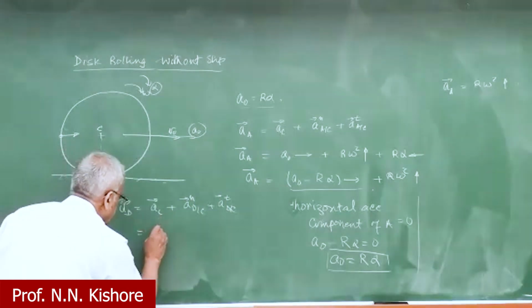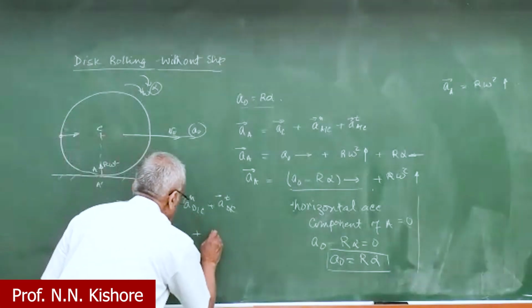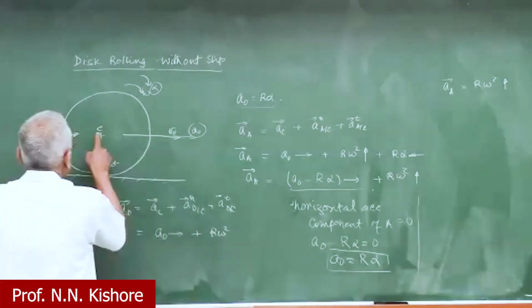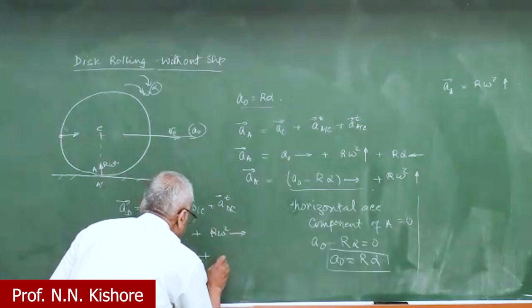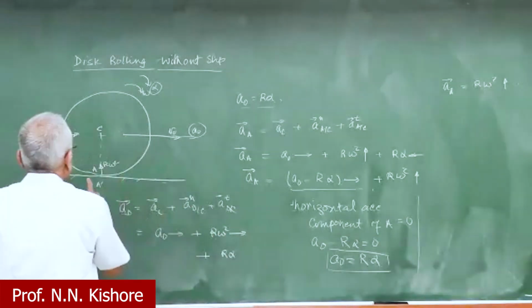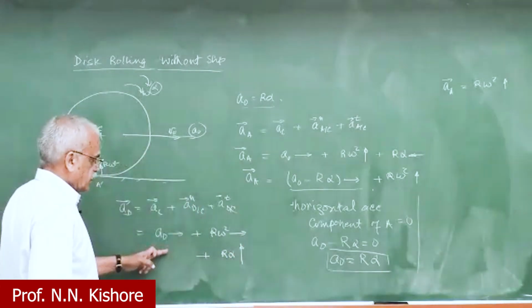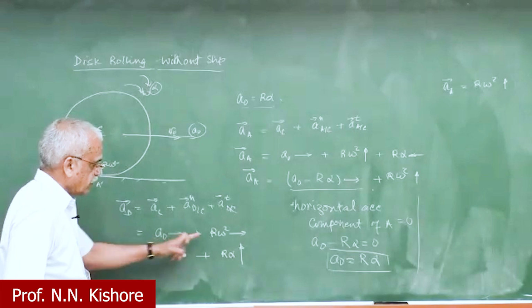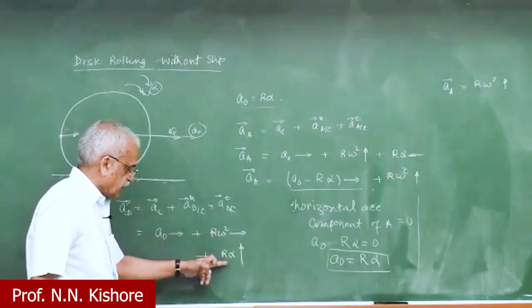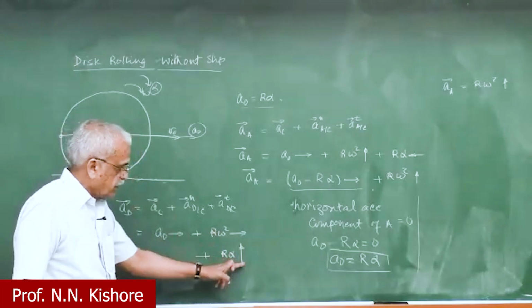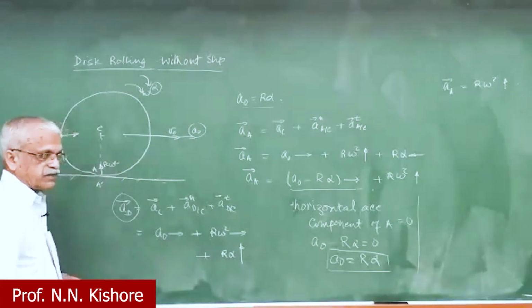We can definitely see that it's a horizontal component like this one. So this is R omega square, and this is directed like this. And one more component, this is R alpha, it is in this direction, the upward direction. Here obviously you have A naught or omega square. Interestingly, now this has come in the same direction as this, so it doesn't matter. And then there is an R alpha, now in the vertical direction. All these things put together will give you the total acceleration of D.